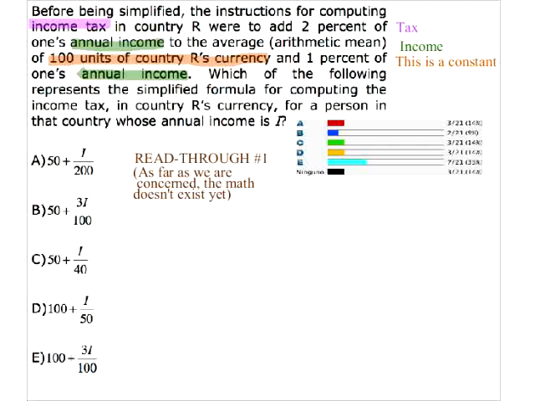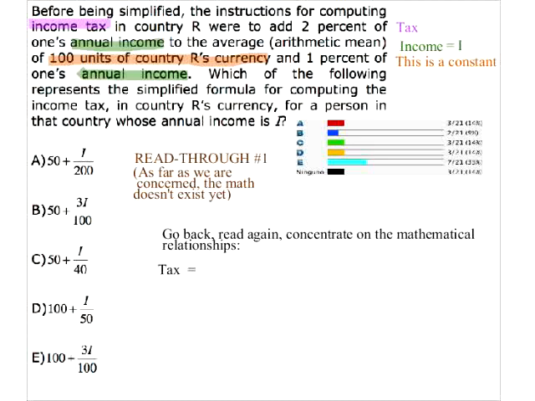So now let's do the math. Let's go back and read it again. And this time, concentrate on the mathematical relationships. So the tax is computed by, so tax equals 2% of annual income. Let's let the annual income be I, because that's what it tells you to.